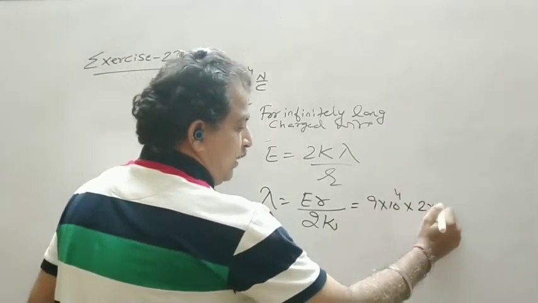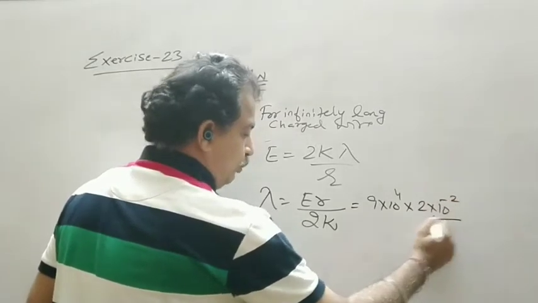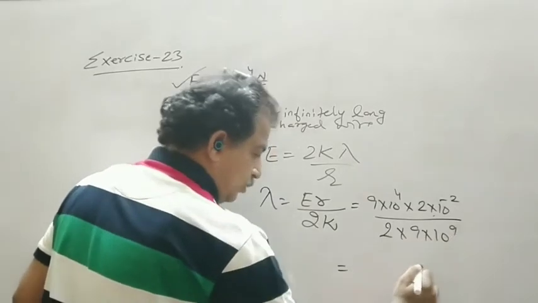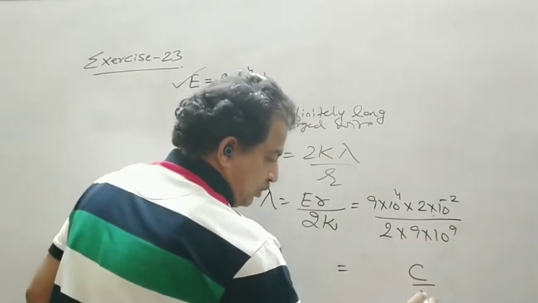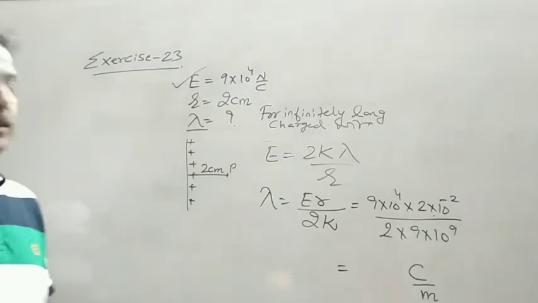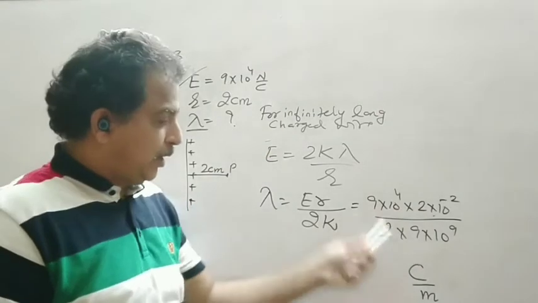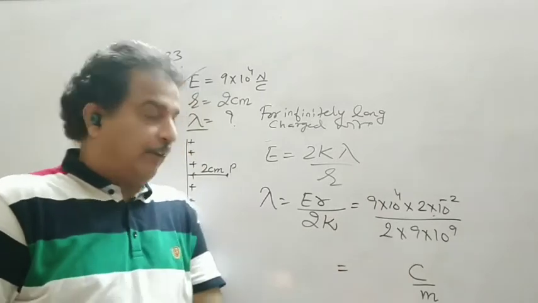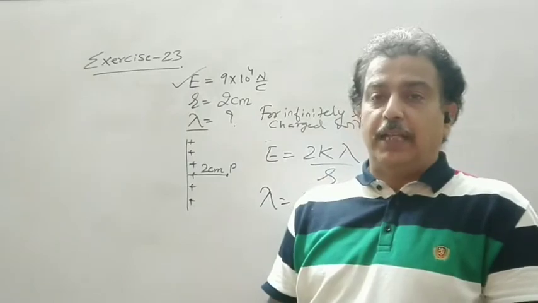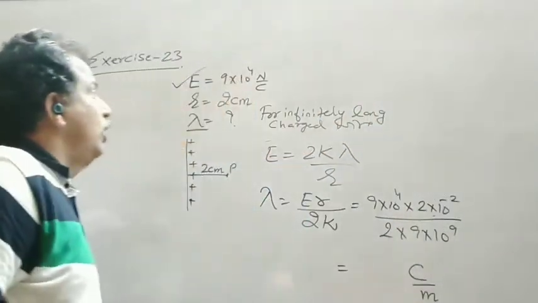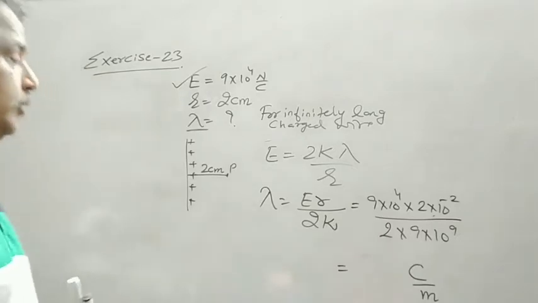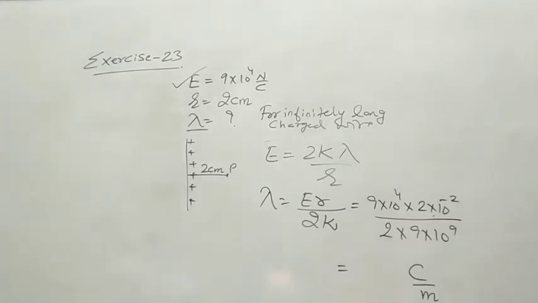R is 2 centimeter, so 2 into 10 raised to minus 2 meter, into 2 into k, which is 9 into 10 raised to 9. So this will be the charge per unit length, coulomb per meter. So you substitute the values and calculate or find out the value of lambda. It is the direct application of an infinitely long charged wire. It is like an MCQ or a direct application of our Gauss law.